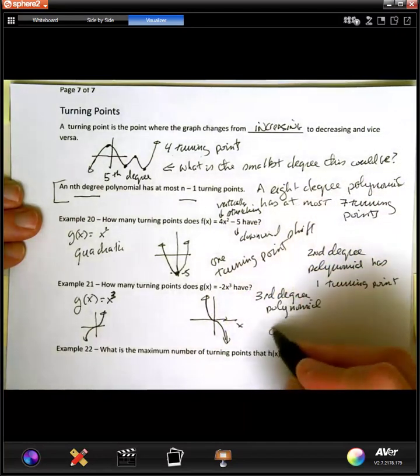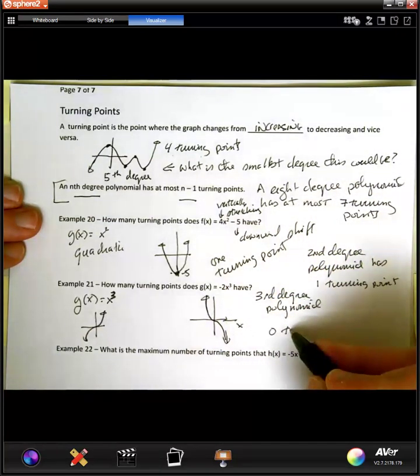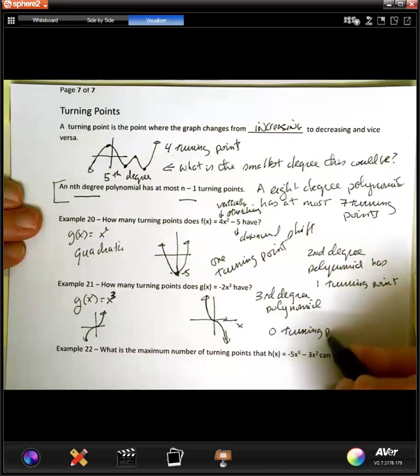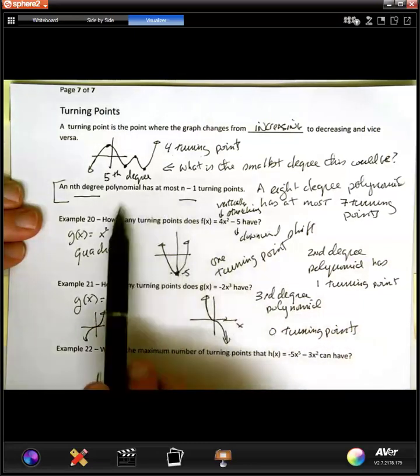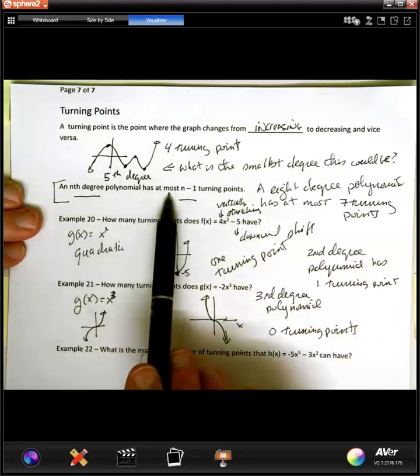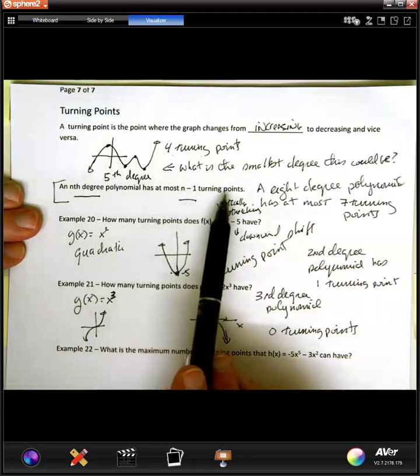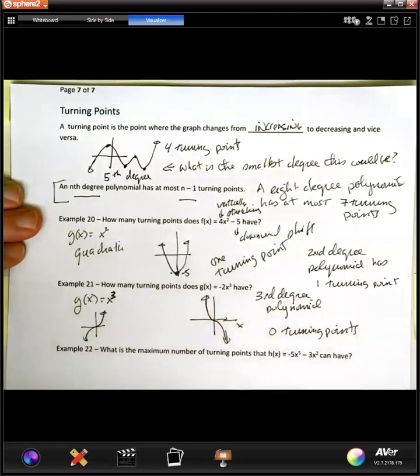This has 0 turning points. In other words, it's been decreasing and it continues to decrease. It doesn't go from increasing to decreasing. Okay, so that's what we mean that an nth degree polynomial has at most n minus 1 turning points. It means it could have less, and in this case, it does have less. It has 0 turning points.